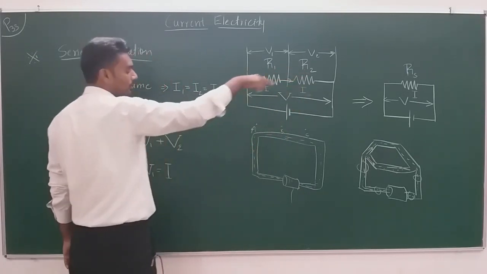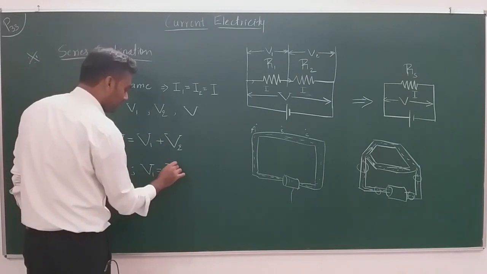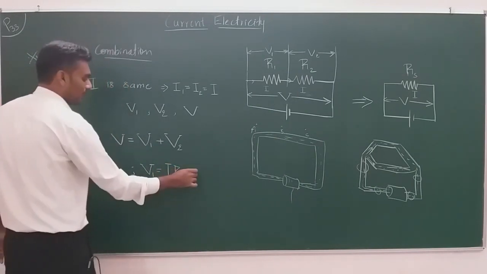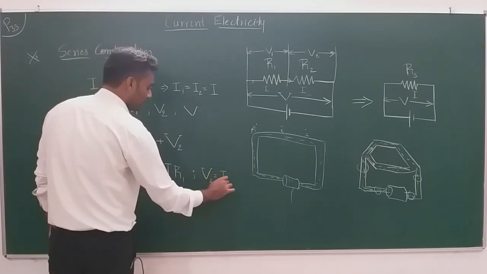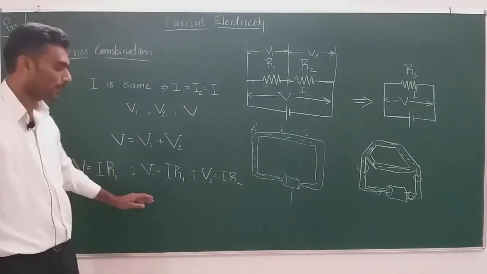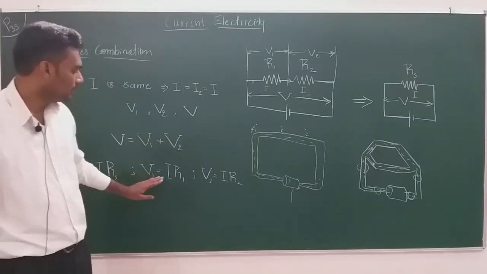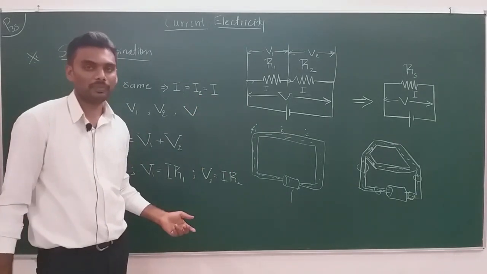So V1 is equal to I R1, and similarly V2 is equal to I R2, right? So this is about writing Ohm's law for all the three resistors given.